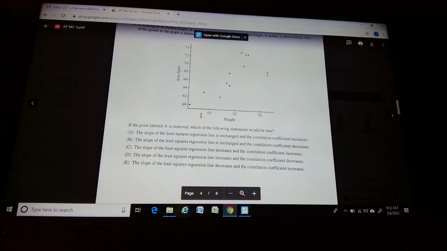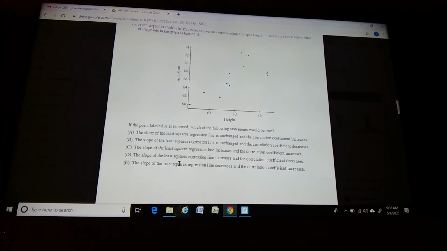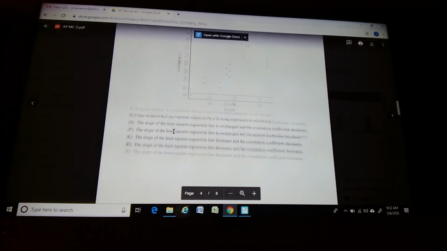So what changes with the slope? The slope goes from going like right here to right here. So that means the slope increases. Also, these dots are a lot closer together, so the R value is going to go up. So the correct answer is C. The slope increases and the correlation coefficient, or the R value, increases.